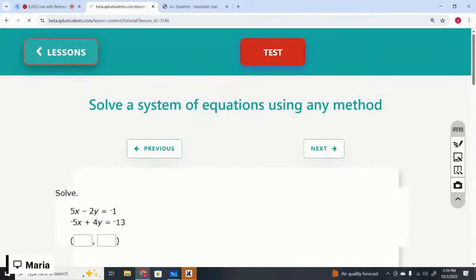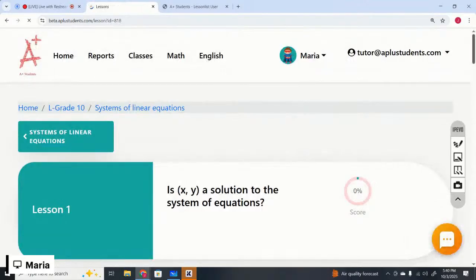So we were working on grade 10 math. The chapter we were working on is systems of linear equations.